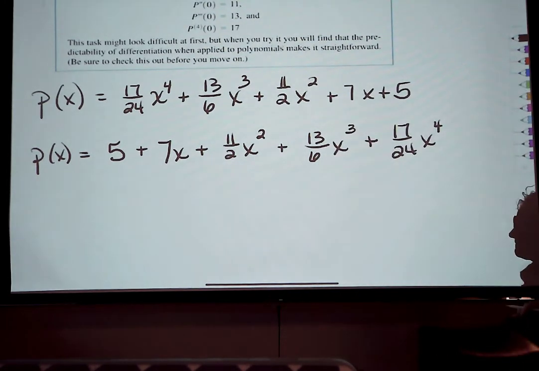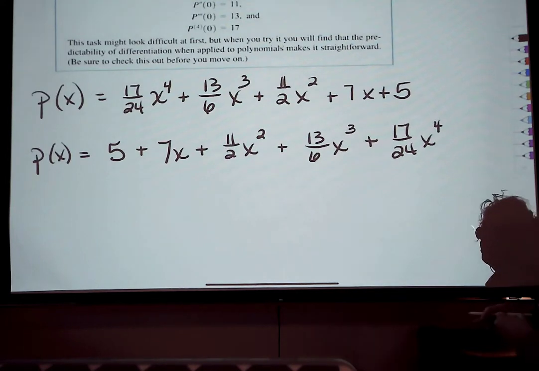Alrighty. 4th degree polynomial with all those properties.